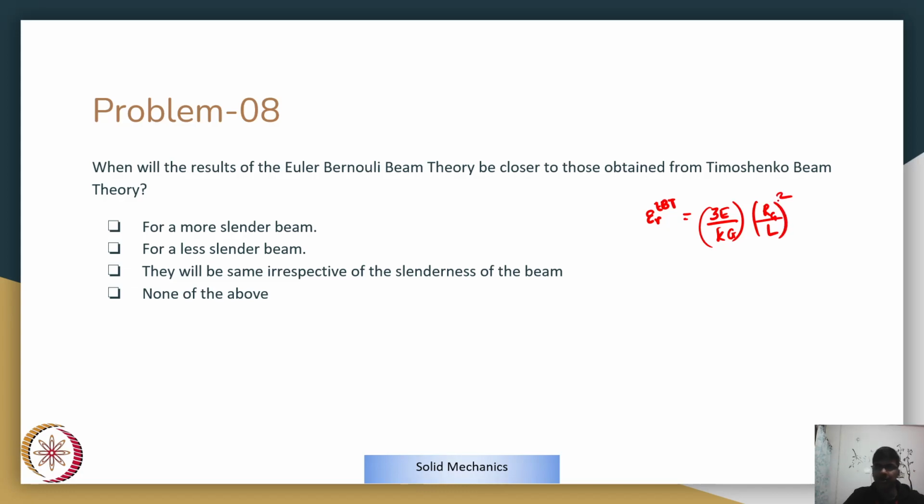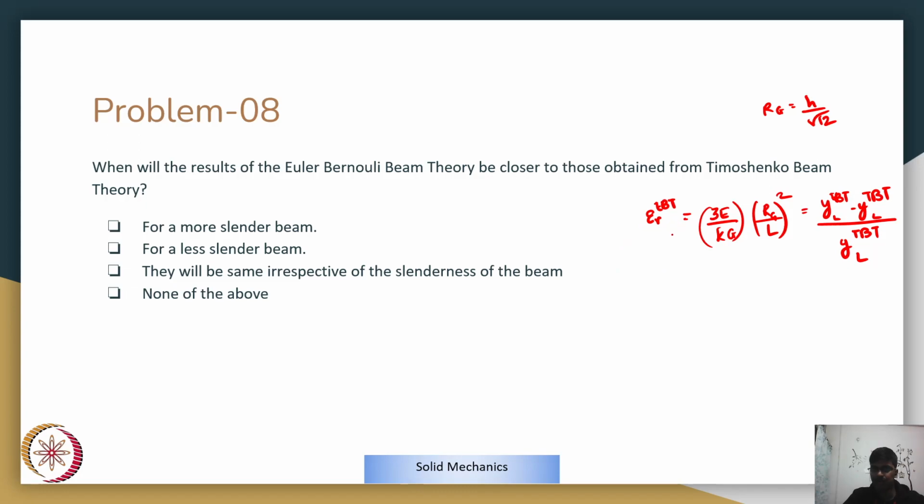This is what we derived from y Euler-Bernoulli beam theory minus y Timoshenko beam theory at the end of the cantilever with respect to the Timoshenko beam theory. Once we do this, we figure out that rg is nothing but h by root 2.